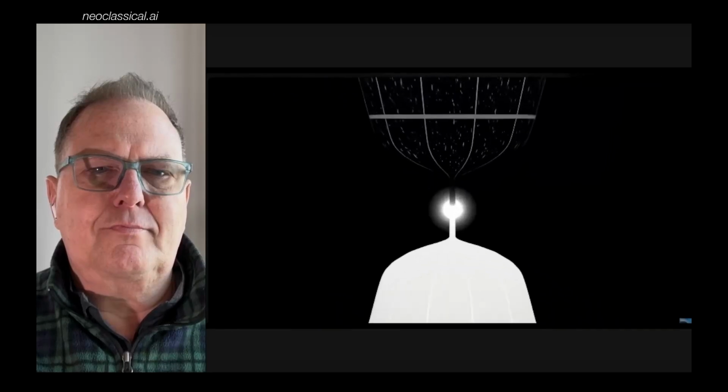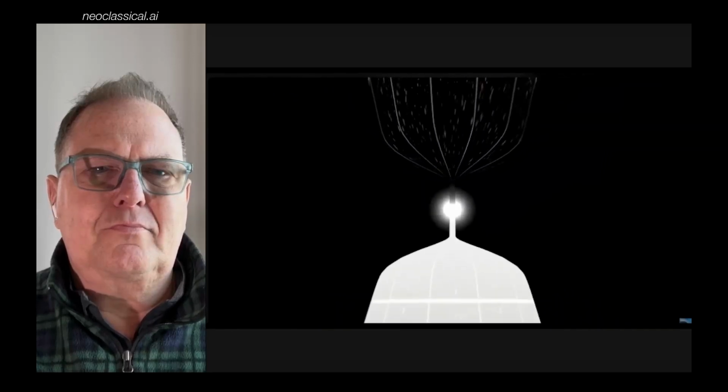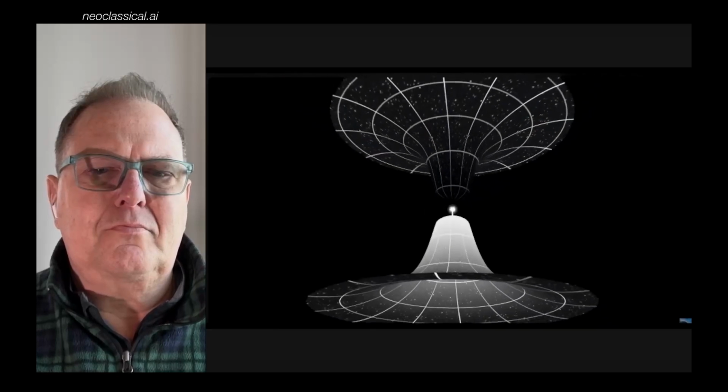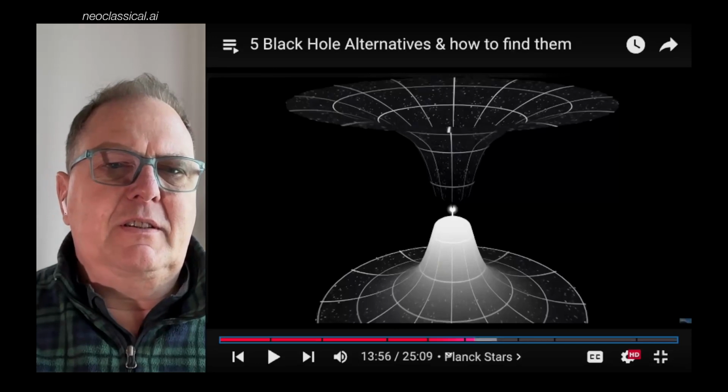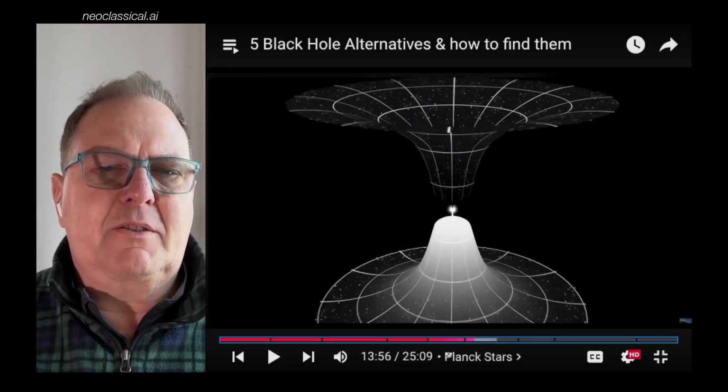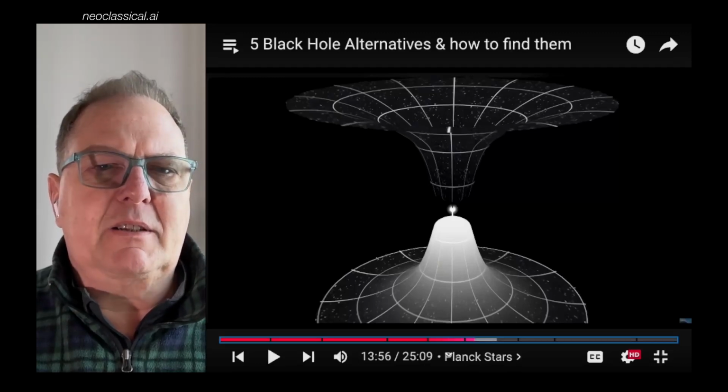Basically, you form a black hole or something very close to a black hole, wait for a while, and at some point it explodes. It's called Planck stars because this presumably happens around when you get close to a Planck density. This is really interesting. He's saying that as you get close to the black hole, enter the event horizon, and then get close to the singularity, you would be approaching Planck scale.